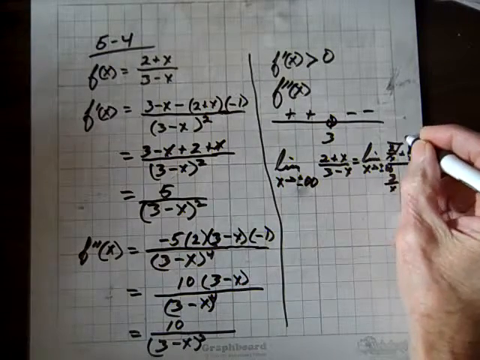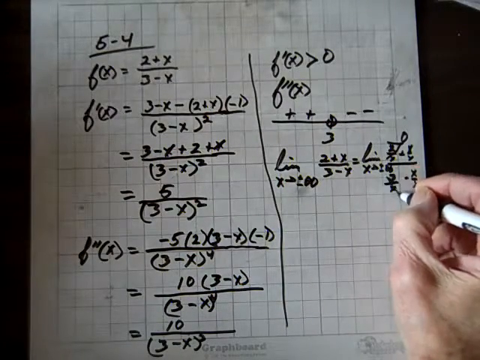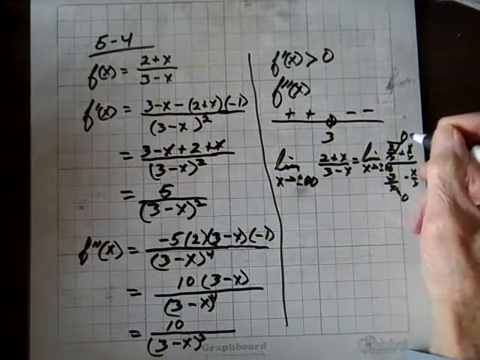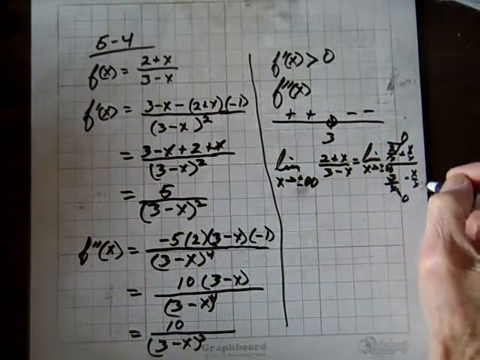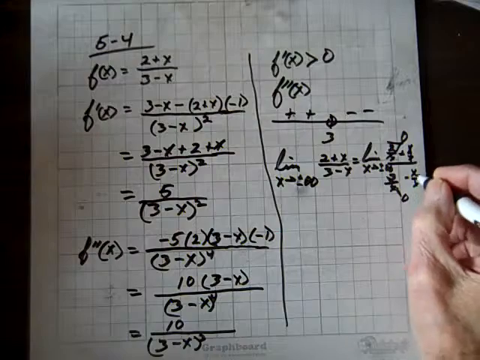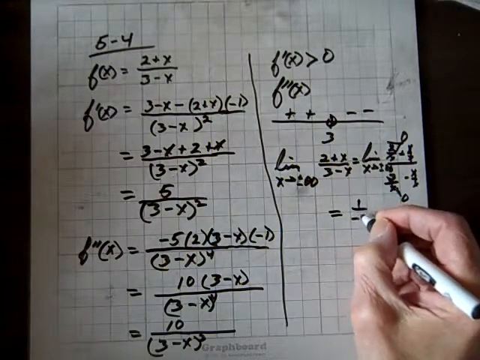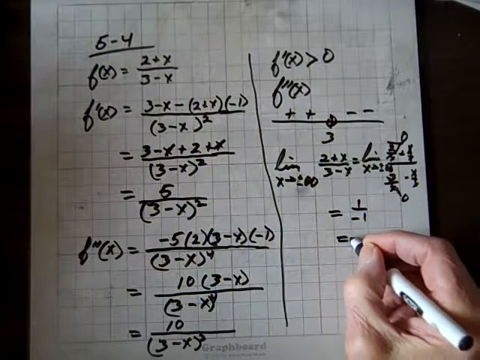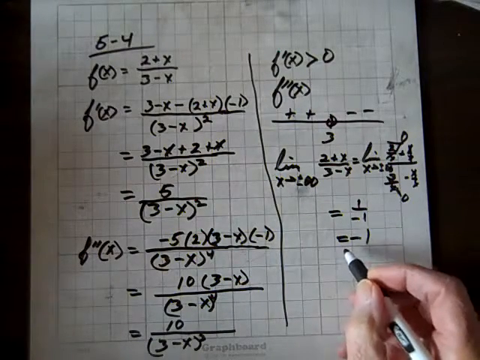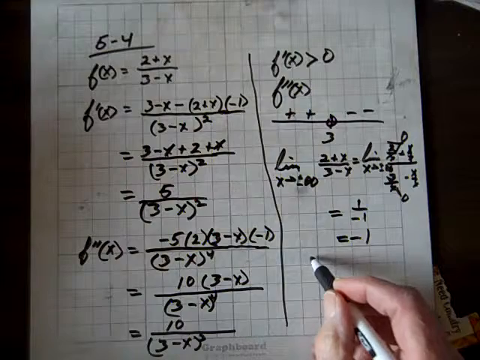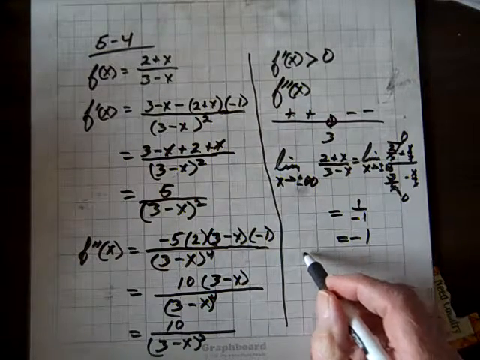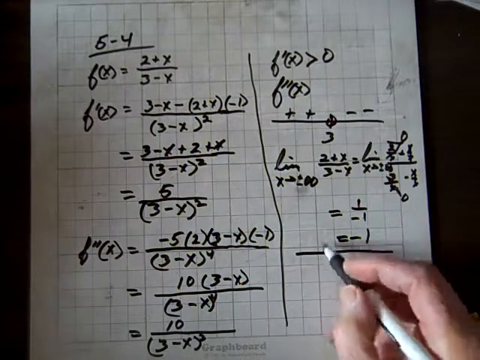This is going to go to 0. This is going to go to 0. This will go to 1, and that'll go to negative 1. So what we get is 1 over negative 1, which equals negative 1, and that's the limit as x goes to infinity. So negative 1 is our horizontal asymptote.